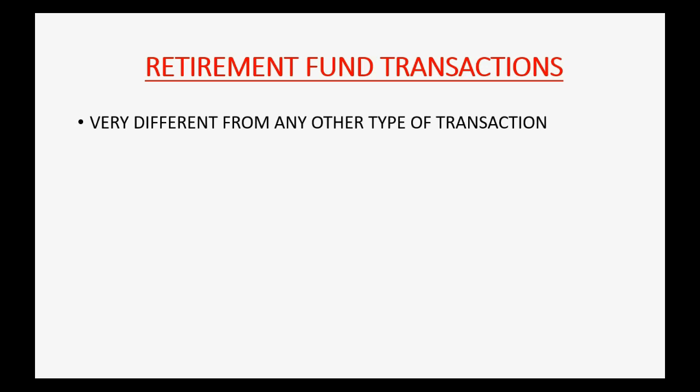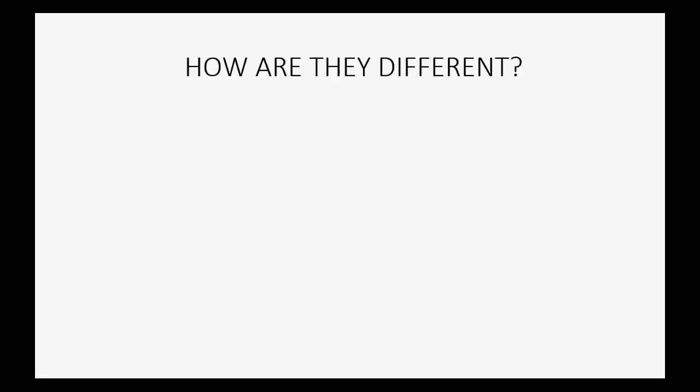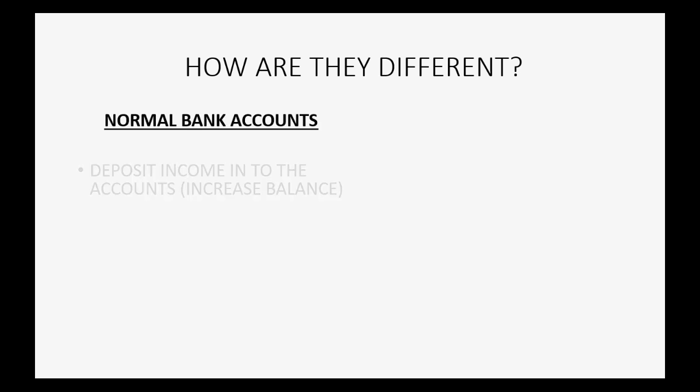Retirement fund transactions are very different from any other type of transaction that you have previously experienced. They're not the same as recording transactions in a bank account or credit card account. And you may well ask, how are they different? Well, with normal bank accounts, you deposit the income that you earn and that will increase the balance.